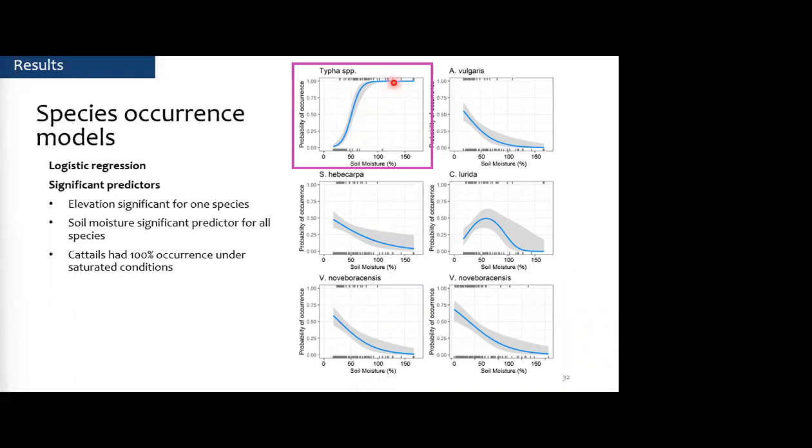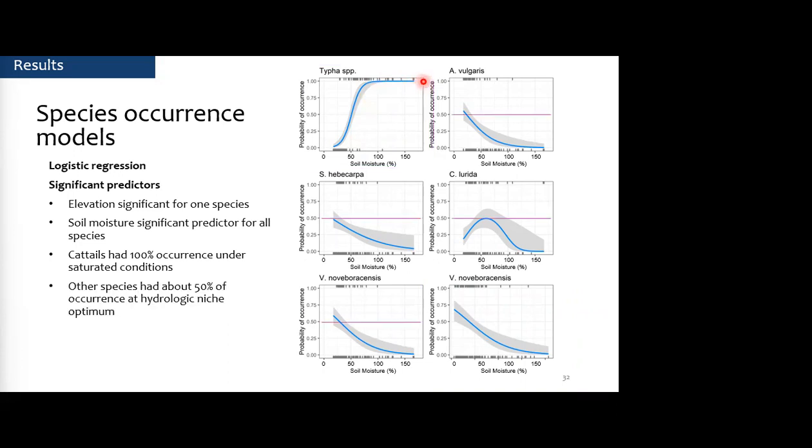Cattails had a 100% probability of occurrence under saturated conditions. So at 100% soil moisture and above, this model predicts that it will be found in every single quadrat. However, the other species only had about a 50% probability of occurrence at their hydrologic niche optima.